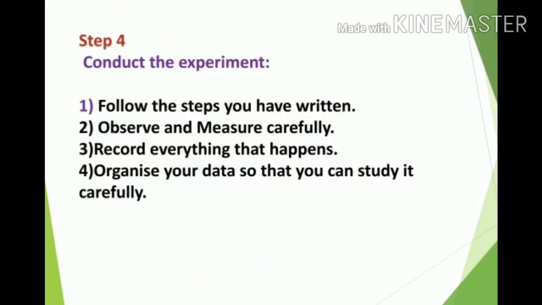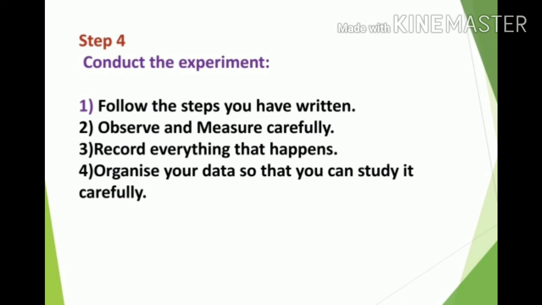Then conduct the experiment is the fourth step. So after planning, he has to conduct it. He has to follow the steps which he has written. Then observe and measure carefully. Then what you have observed and measured, you have to record and organize. All the organized data helps us to study it carefully.